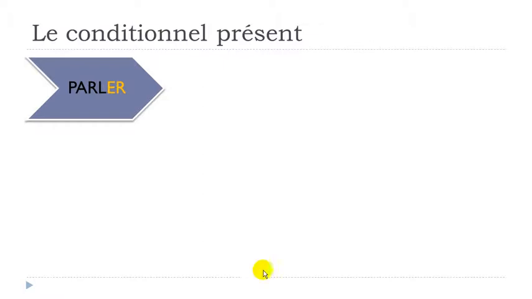So let's take the first example that we've got here. Parler belongs to the first group of verbs. Remember, we've got 3 in French. And the first group of verbs is ending with er, like here. Okay, so these verbs are regular. So that's good news, and normally that's the reason why we start with them. So you don't have to change your verb. So parler is like that.